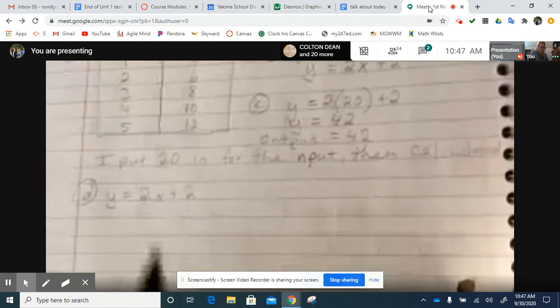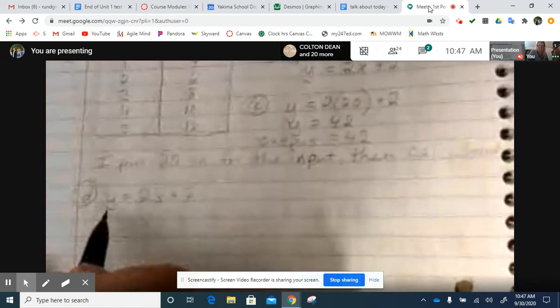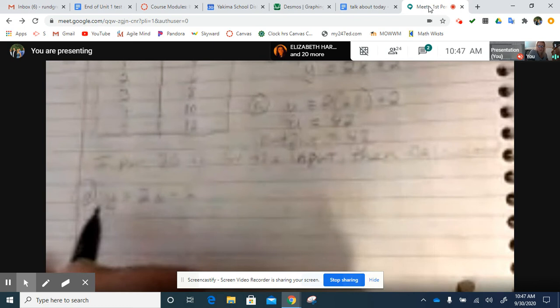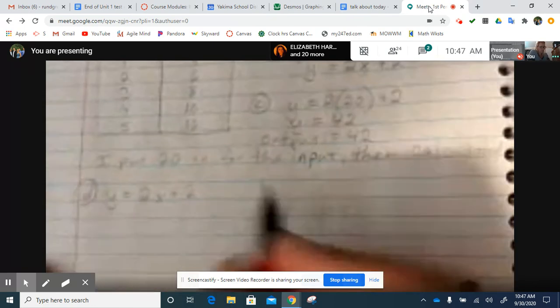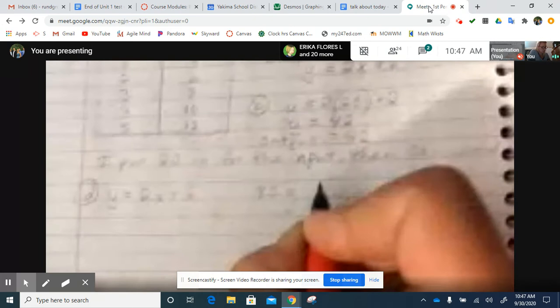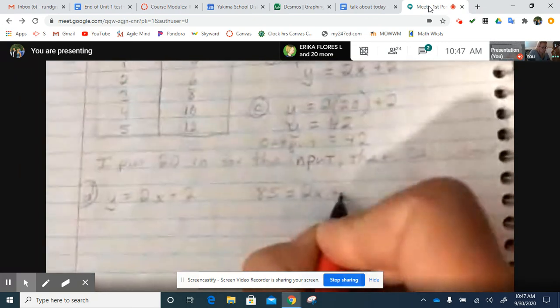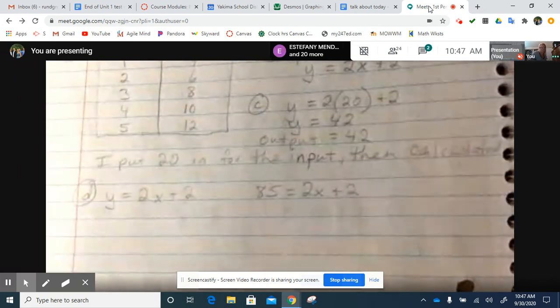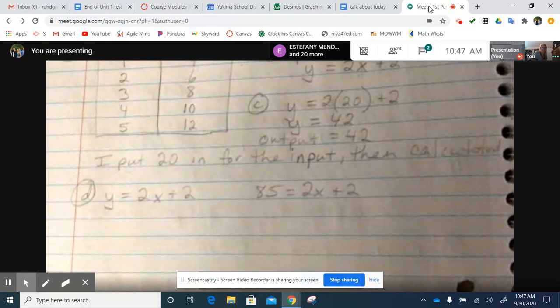Yep, the y is our output. So we're going to put the 85 for the y. So we can rewrite this 85 equals 2x plus 2. And now we need to work backwards to get x all by itself so we can figure out the input.